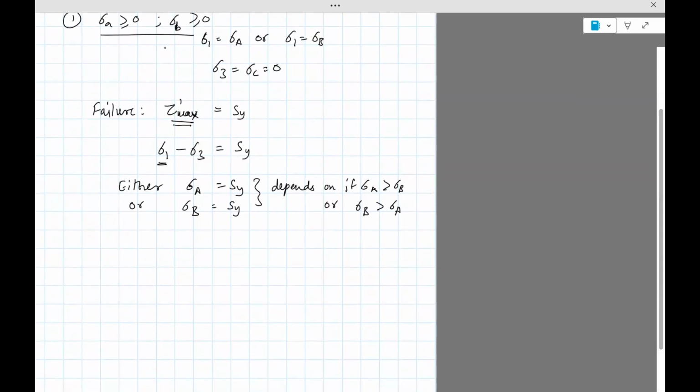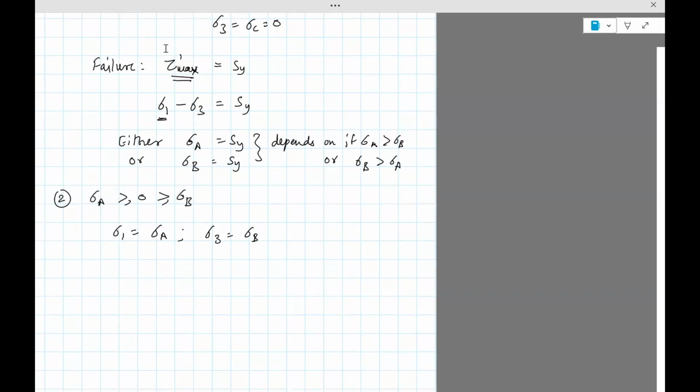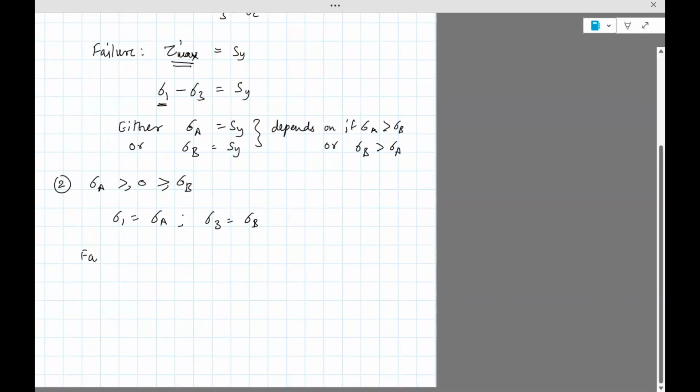Next you can look at this condition: sigma A is greater than 0, is greater than sigma B. In this case, it's clear that sigma 1 is sigma A, that's the biggest stress, and the smallest stress, sigma 3, is sigma B. In this case, the failure will occur when sigma 1 minus sigma 3 equals sy.